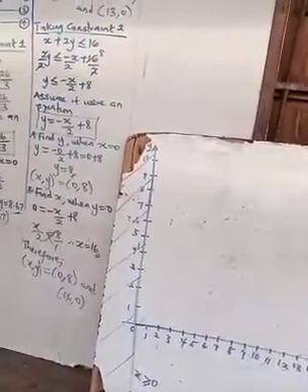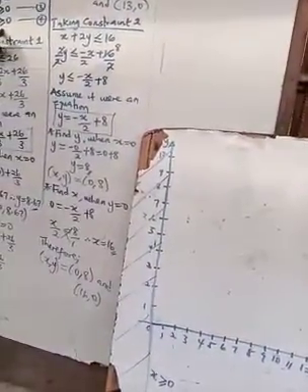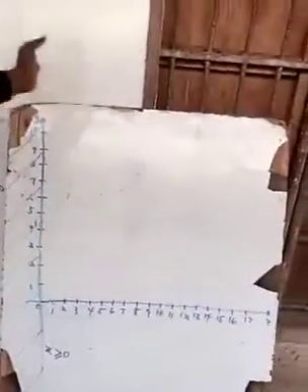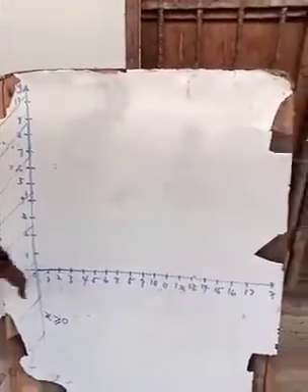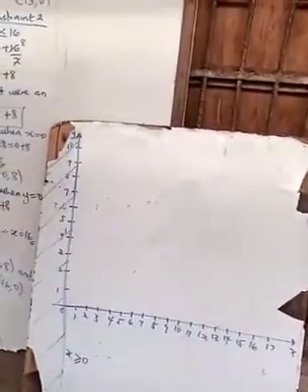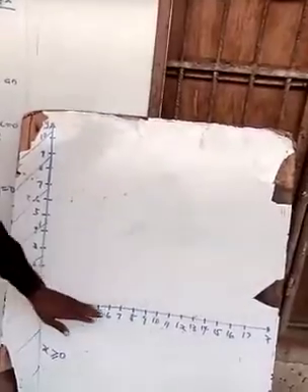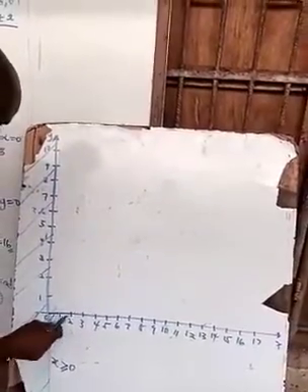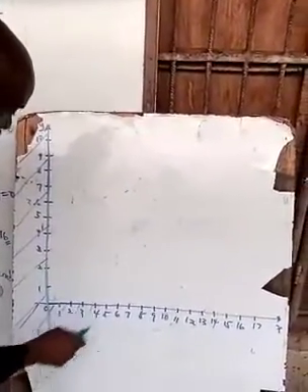Now for this part, it is y greater than or equals to 0. So it will pass through y equals to 0. This is the y-axis, so it will cut y. If it is greater than or equals to 0, we are interested in the part above. So for y, we are shading this part. Now it is becoming complex.